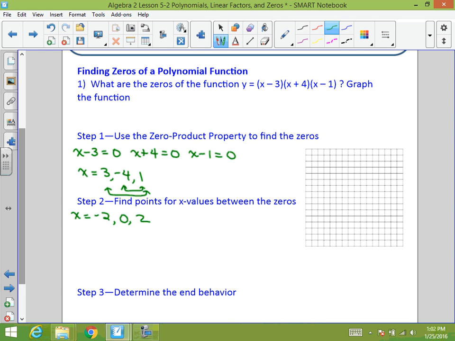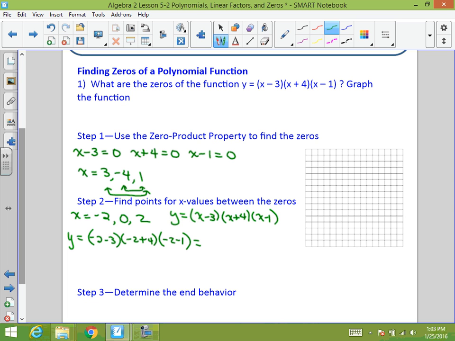Now we're going to plug those numbers into the equation, y equals (x minus 3)(x plus 4)(x minus 1). Plugging in negative 2 for x, y equals (negative 2 minus 3)(negative 2 plus 4)(negative 2 minus 1).